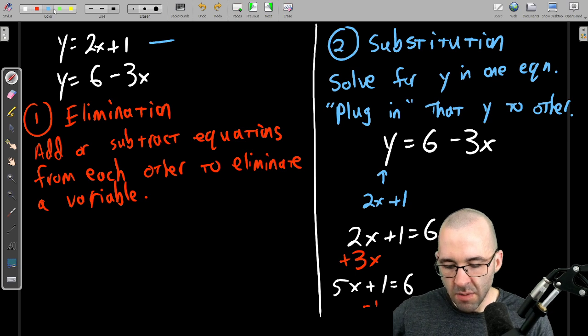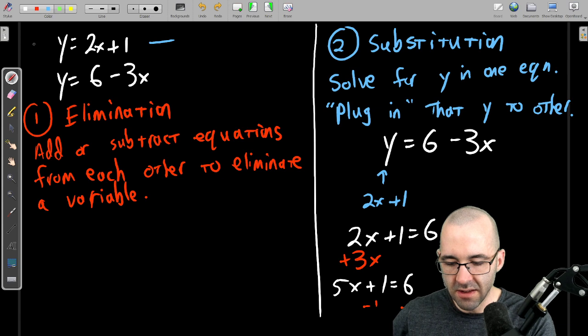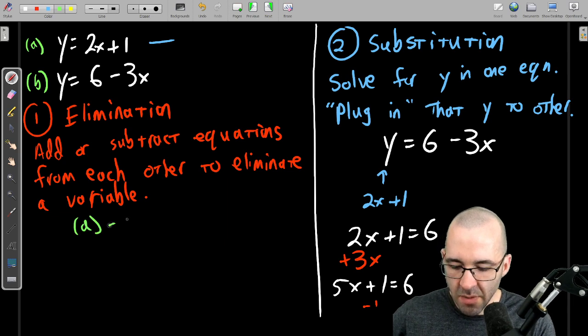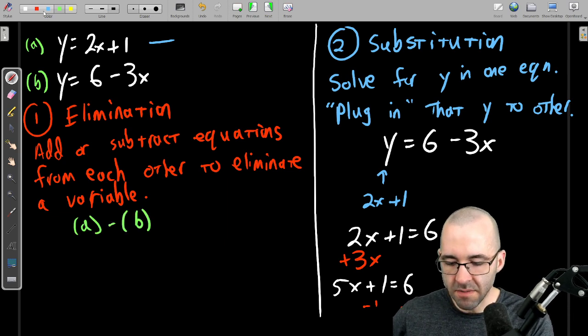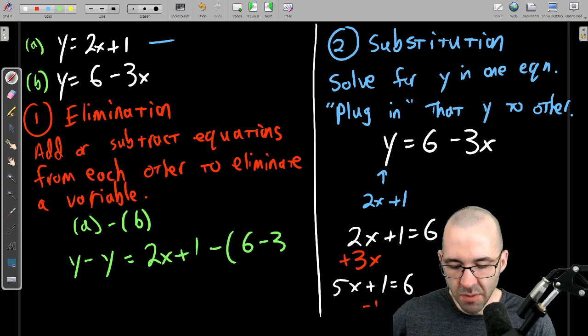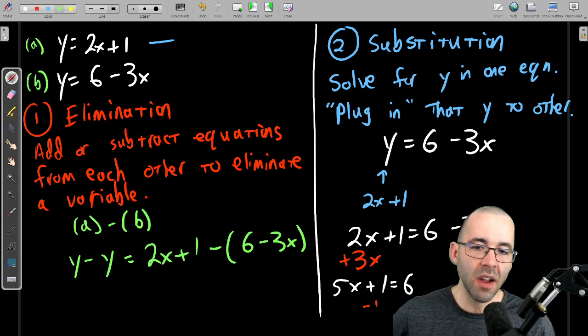Okay. But let's say this is, I've got to be careful with my letters, say this is equation A and this is equation B. Well, if we take equation A minus equation B, what do we get? Subtract the left-hand sides: y minus y. Subtract the right-hand side: 2x plus 1 minus (6 minus 3x). We're subtracting that whole right-hand side, so we need parentheses here.